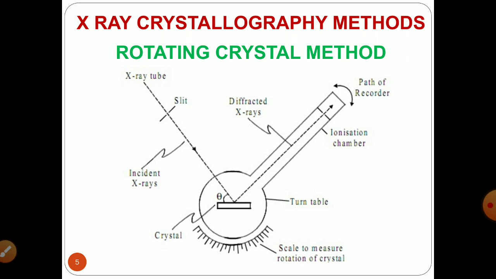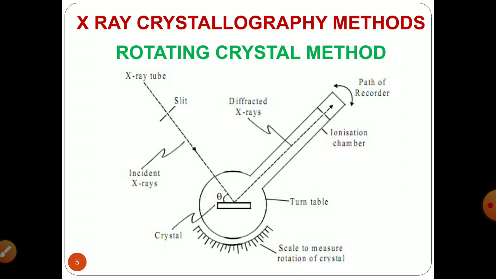So the angle for which reflections are maximum gives you the value of theta. And here you can also have the value of n and the value of lambda. By using these three, you can calculate d, that is your distance between two layers, using Bragg's equation.